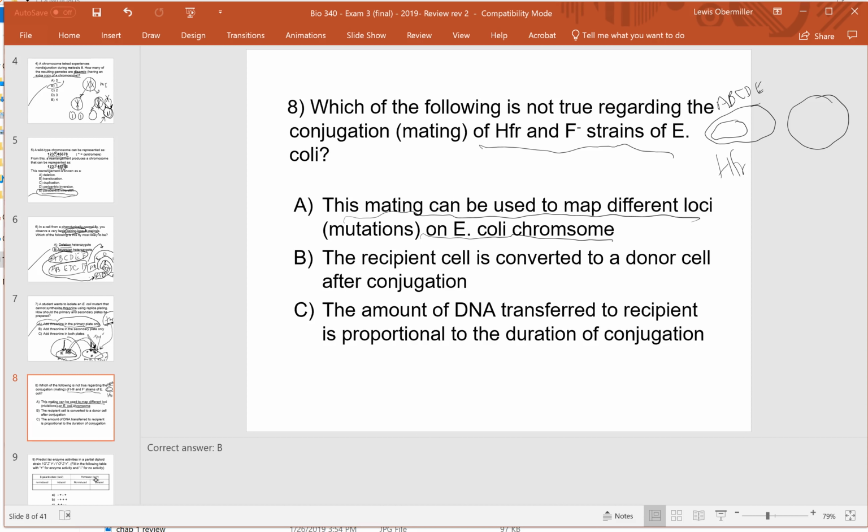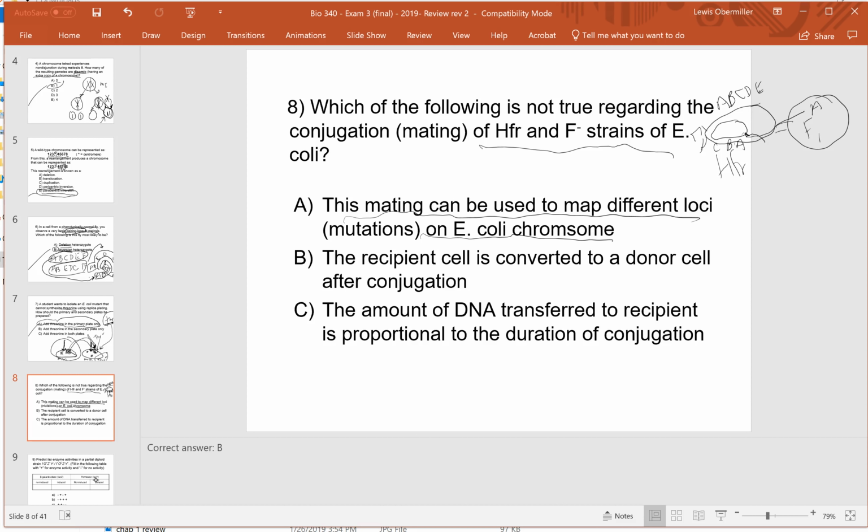So if it splits here and starts passing those across, this is A and B and C and D and E, through the pilus to an F minus strain, what's going to get transferred first is A, right?